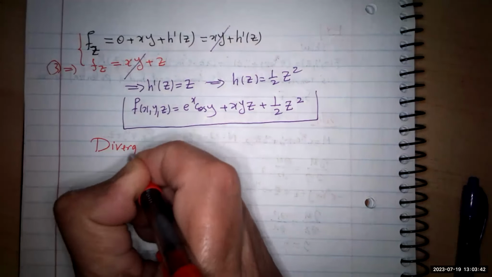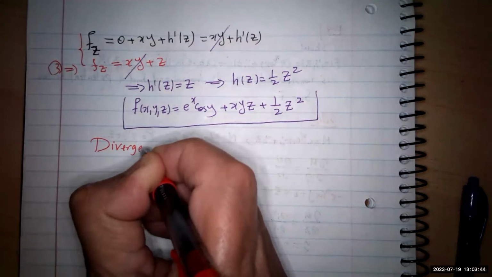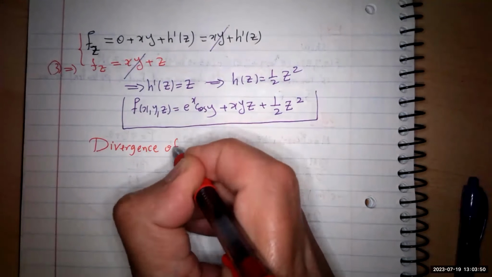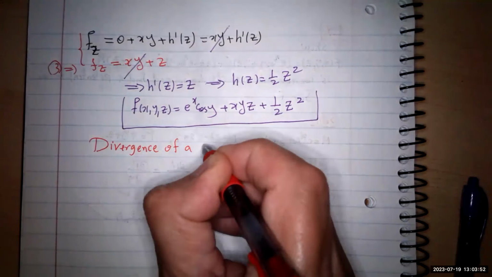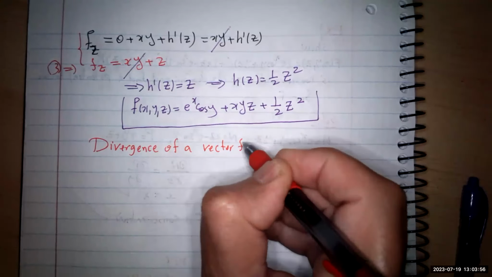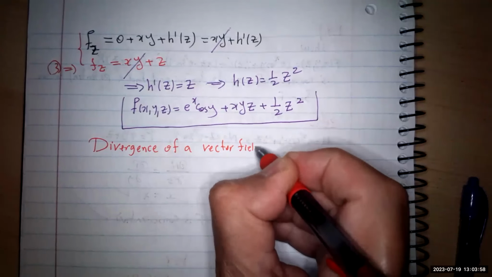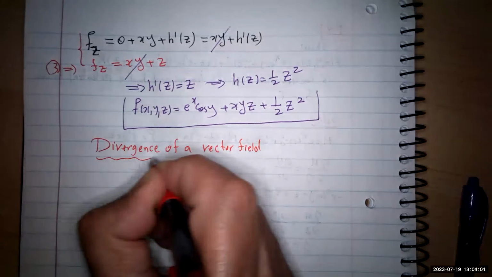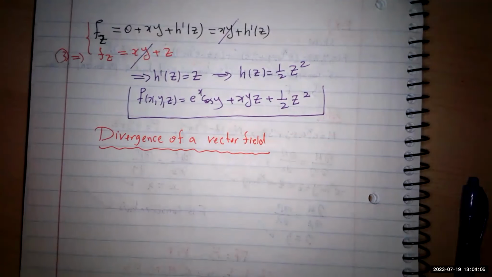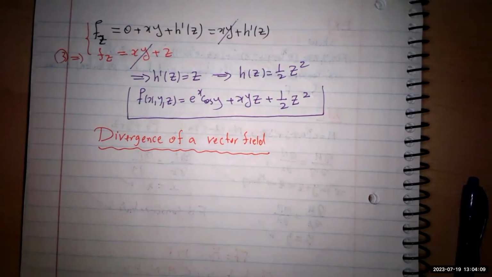Again, they are used in electric fields or magnetic fields in physics. So, divergence of a vector field. We use it only once, but we may ask you on the next quiz to evaluate it, so you better have the formula handy.